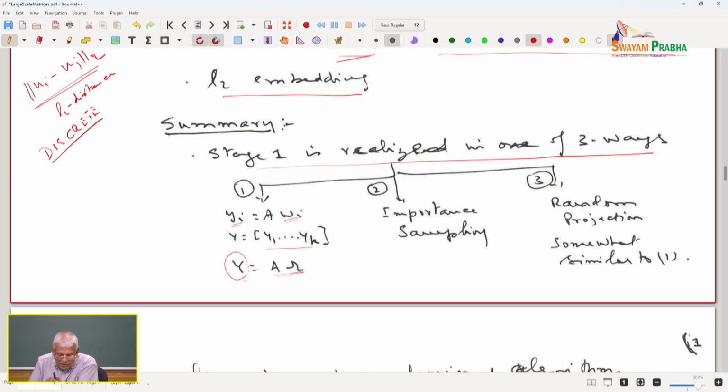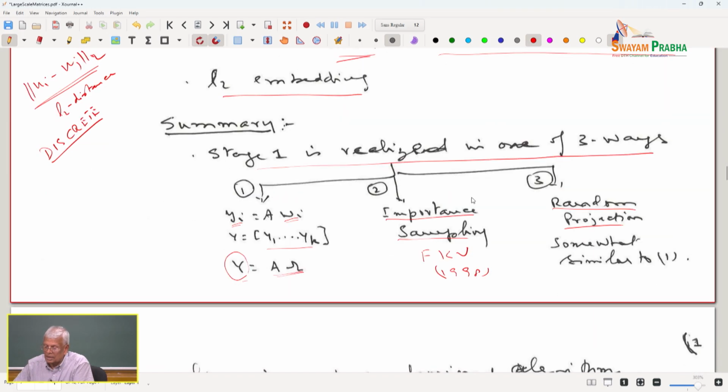We have already illustrated that. Second is the importance sampling by FKV algorithm, 1998.